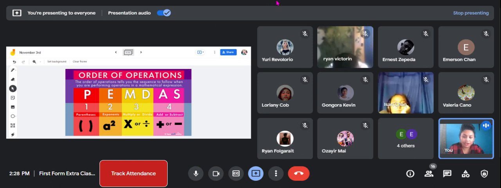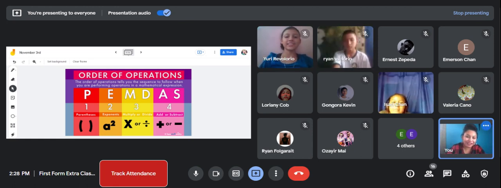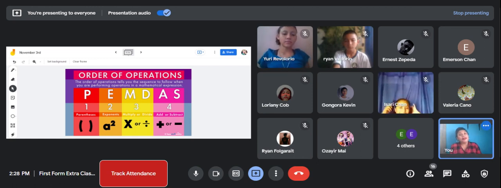This is the one that you guys have been doing, but it's not the only one. There are so many ways that you can remember this. I know there's BOMDAS and there's BEMDAS and there's PEMDAS and there's GEMS. There are so many acronyms that you can use to remember this. You don't have to use this one, right? So don't think, Miss Maya and Miss Katsim are using PEMDAS, so I have to use PEMDAS.